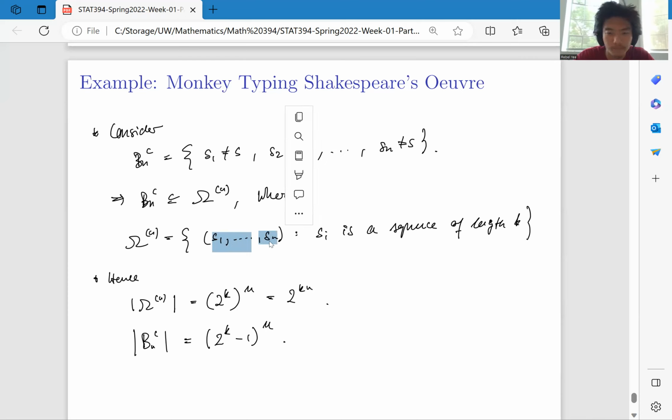Those are the possible elements inside the omega, which is the sample space.